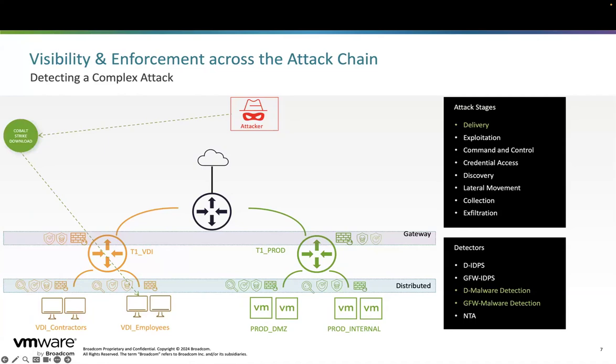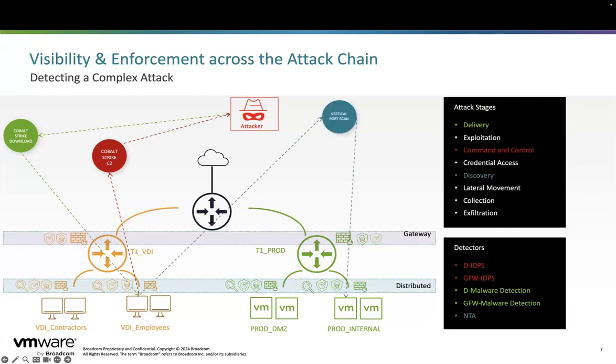Attackers go through attack stages, and we have the ability at multiple levels to mitigate their strategies. We'll walk through it here. In their first step, the Cobalt Strike download as part of the delivery attack stage, we've got our distributed malware detection and our gateway firewall malware detection to help. Then we've got the Cobalt Strike C2, which is command and control traffic. We have distributed IDS IPS as well as gateway firewall IDPS to mitigate. Next, vertical port scans as part of the discovery attack stage, which our network traffic analysis would be able to identify.